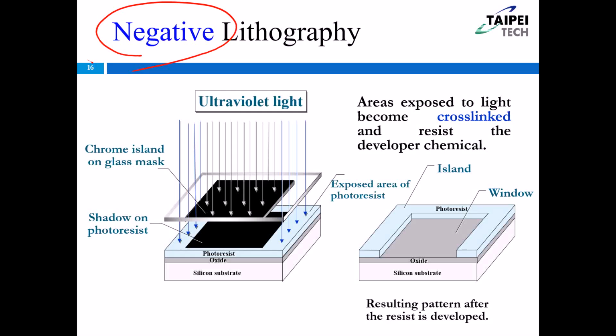It means for the negative PR, if the negative PR is exposed to the UV light, it will become cross-link. Cross-link means the bonding becomes stronger. For the negative PR, if it is exposed to the UV light, so only the edge region, the PR is stronger.